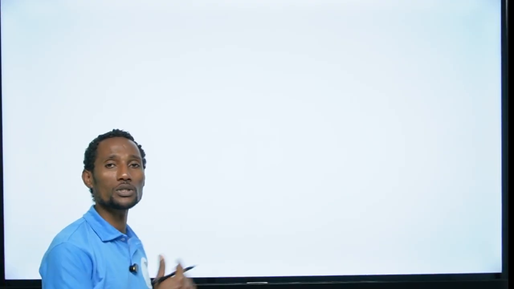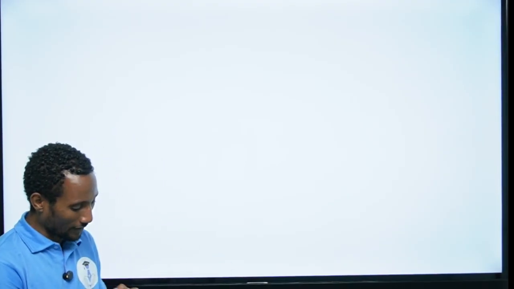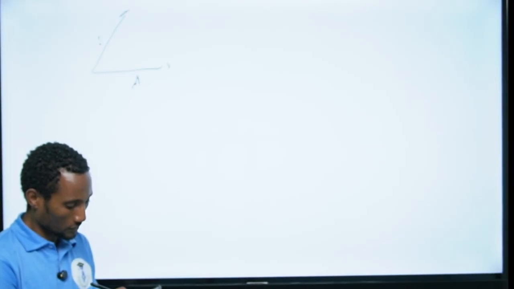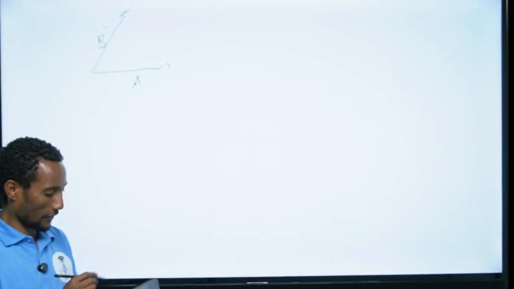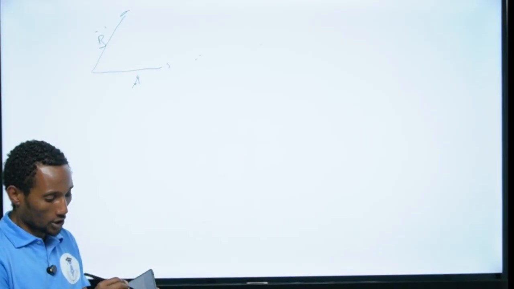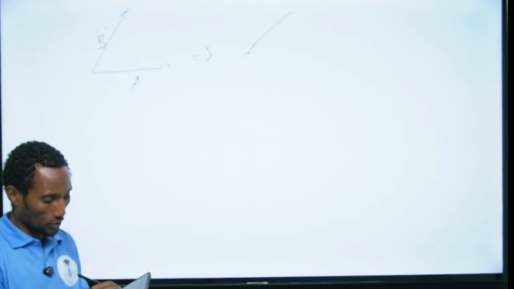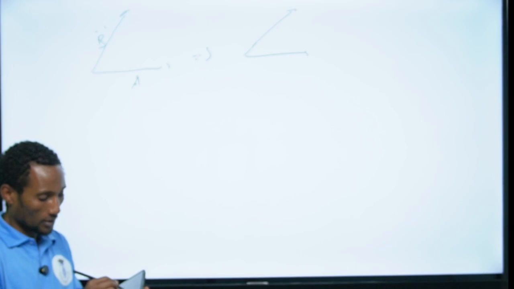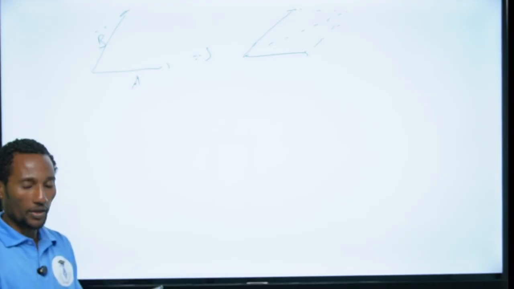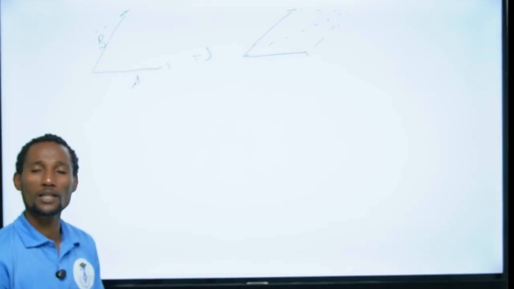So let's see the vectors a and b. These vectors are transposed to the same point here, so that they make a parallelogram.